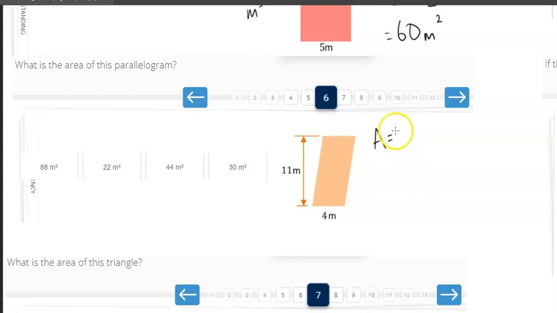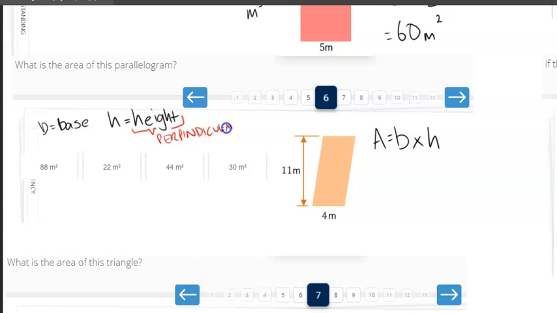Now the area of a parallelogram follows the same format as a rectangle. The only letters that are different are L and W. We use B and H, where B is our base and H is our height. And again, we want to be specific, and you'll always hear me say this, it's perpendicular height. Perpendicular height just means the height is at a 90-degree angle to the base.